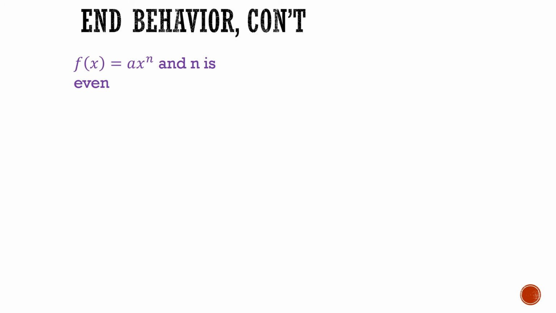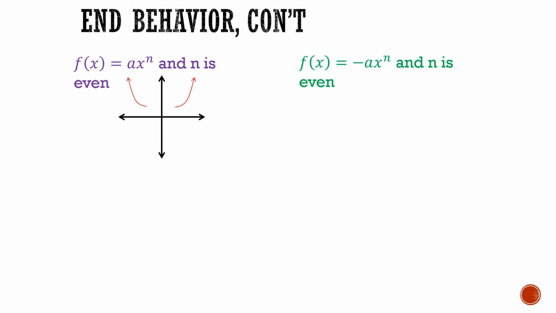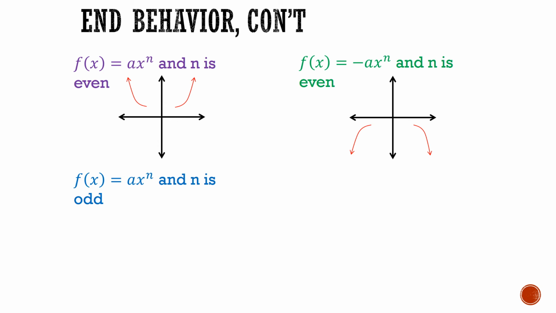So if a is positive and n is even, then we're going to have something that looks like this. The two ends both approach positive infinity. Now, if a is negative, but n is still even, we're going to have the opposite. The two ends are going to be approaching negative infinity. If a is positive and n is odd, because n is odd, our two ends are going to be approaching different infinities.